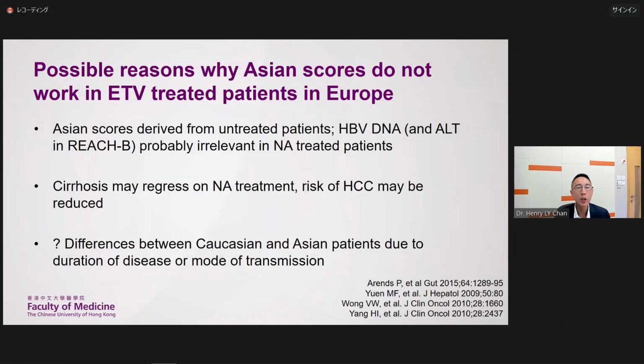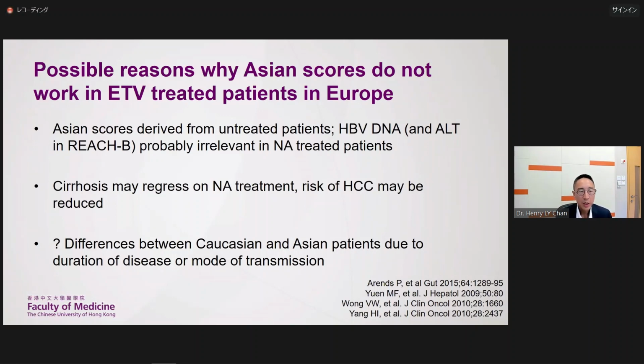Of course, now we know that there are many possible reasons why Asian scores do not work in ETV-treated patients in Europe. First, these Asian scores were derived from untreated patients, and HBV DNA and ALT level are probably irrelevant in any treated patients. So if you use these Asian scores in ETV-treated patients, they may not apply.